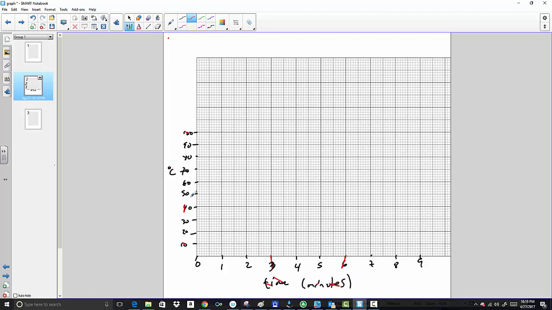All right, so we're going to plot this point, 0, 94. That's about right here. Don't really spend a lot of time on it. They're not going to grade it very accurately.